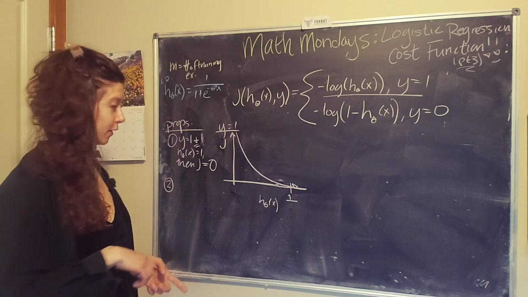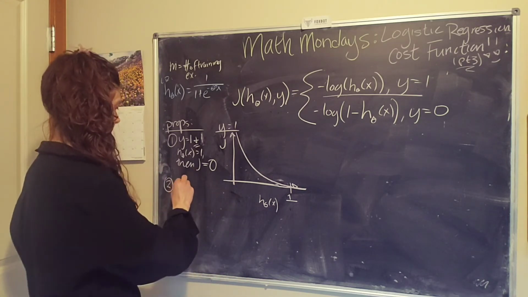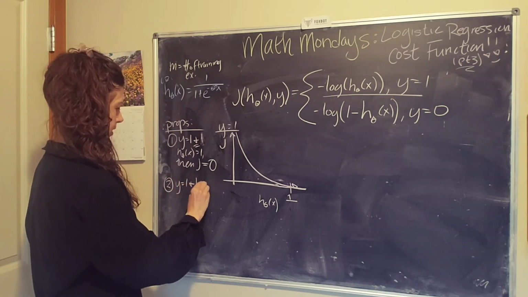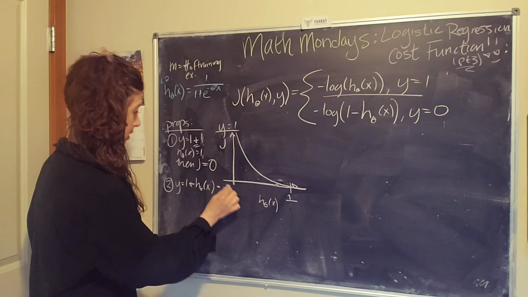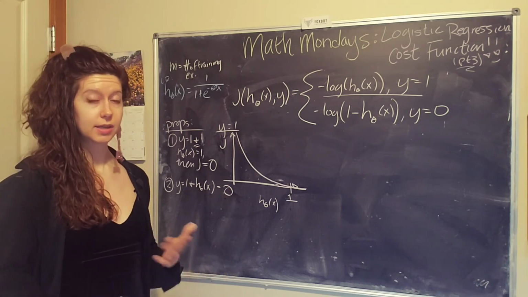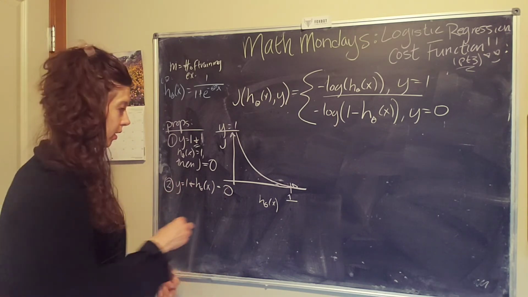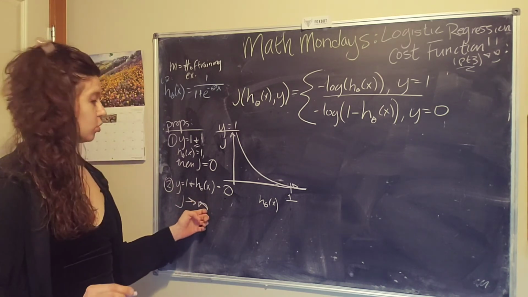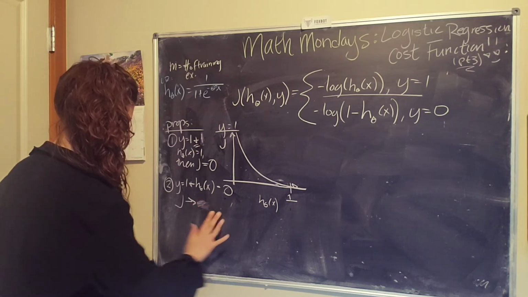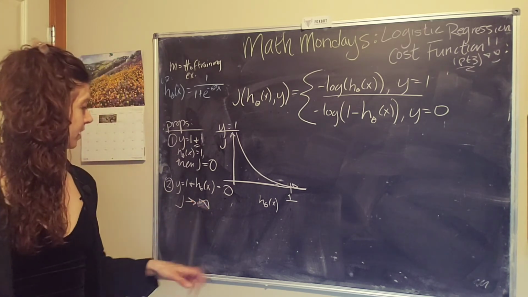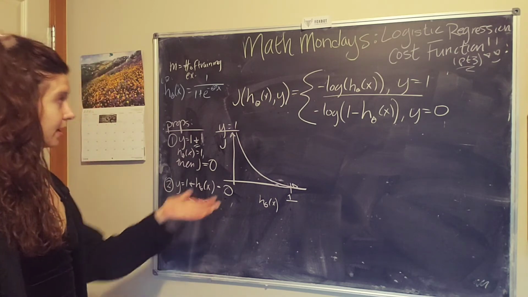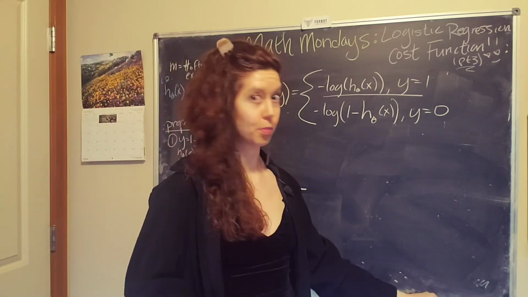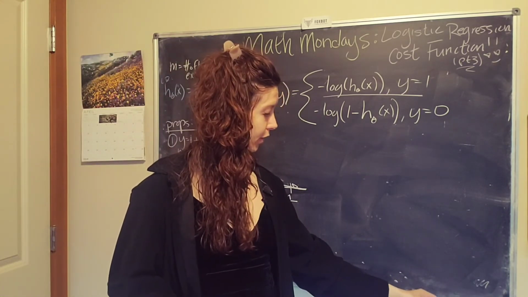So when y equals 1 and h, our predicted value, is 0, that's the worst case possible because it gives us the exact opposite of what we want. Then J, our cost function, goes to infinity, which is what we want. Yay for negative logarithmic functions, helping us deal with binary and nonlinear data sets.